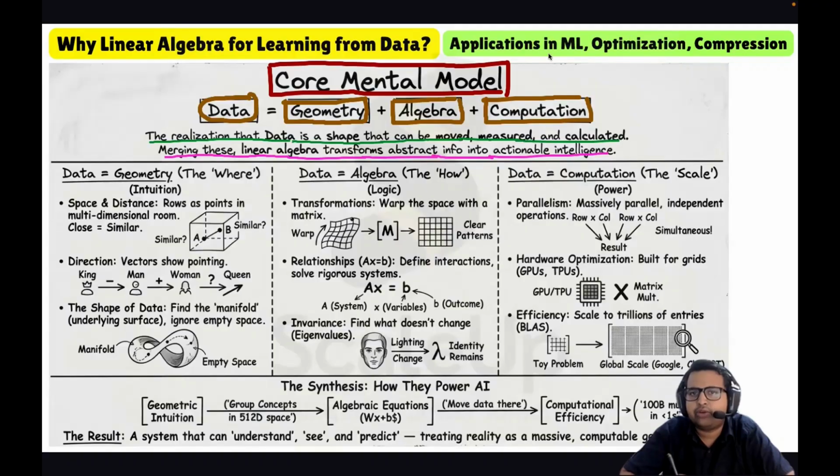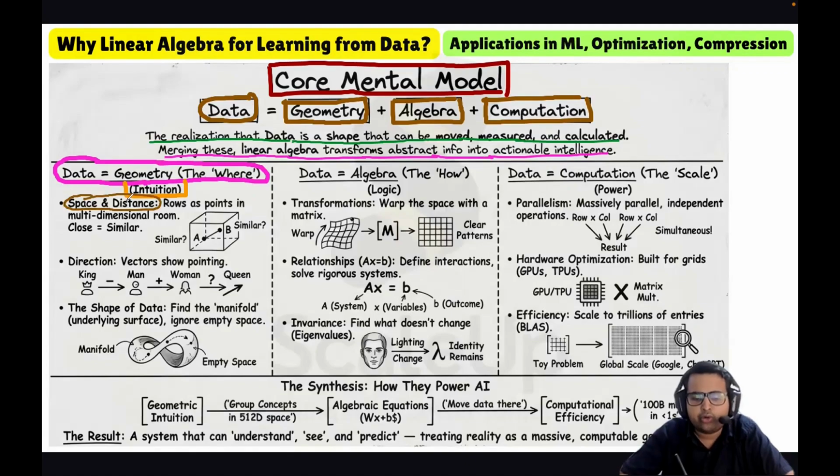So let us first try to understand data as geometry. Data as geometry is the where. This pillar provides us the intuition. It allows us to visualize complex data sets as physical space. So rather than treating data as just a list of numbers, if we treat data as vectors, then we are able to visualize the complex data sets as physical space. So, space and distance.